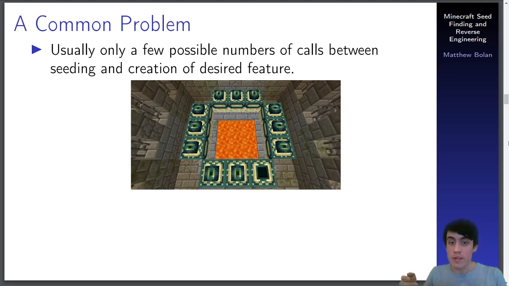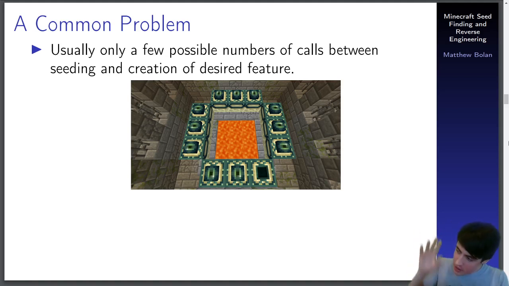The problem is that before the game makes this portal, the game asks the same linear congruential generator that's making these eyes to make all the cracked stone brick and the mossy stone brick in the walls and randomize all of that.